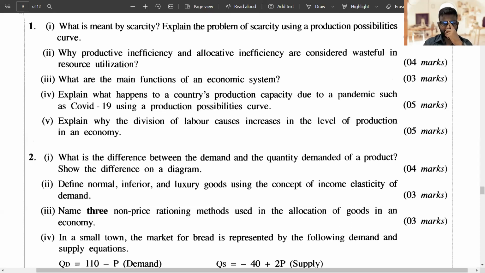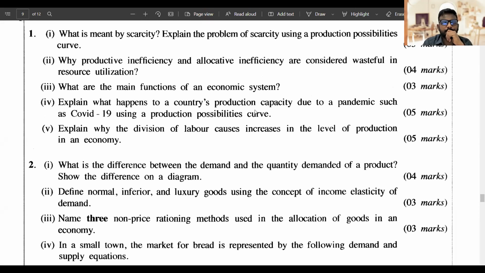So my question now is, with your answer structured in your head, do you think you'll be able to get all 4 marks with the way you have structured it? Maybe 3.